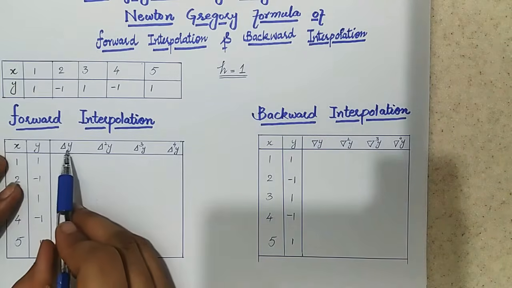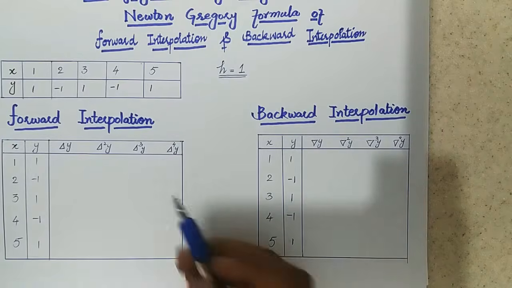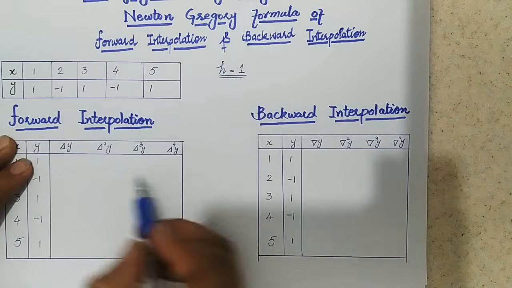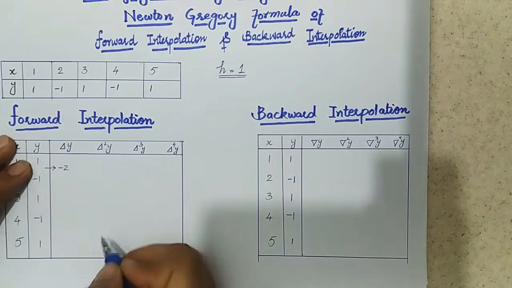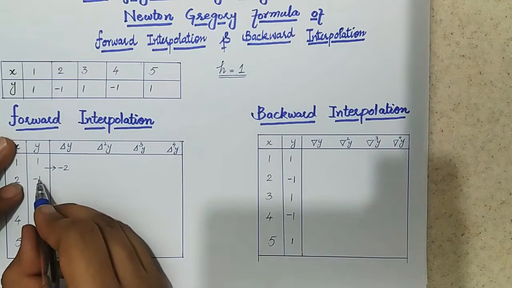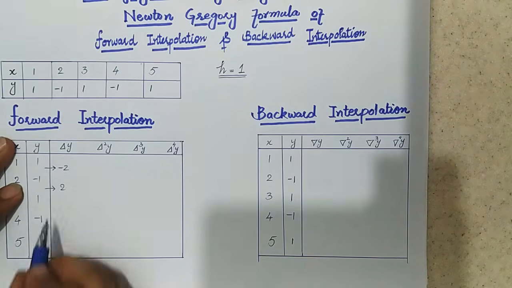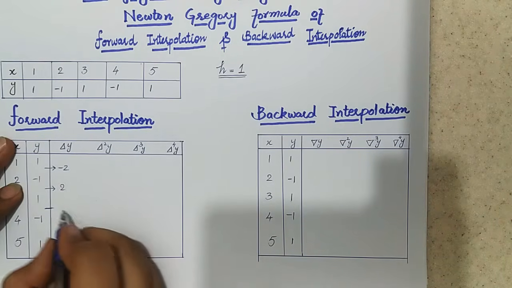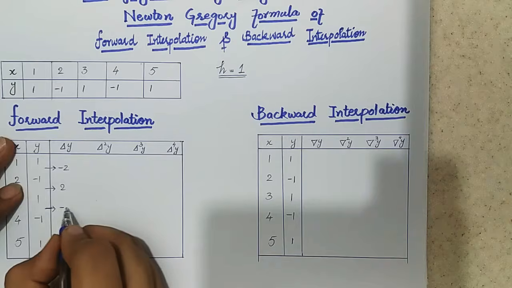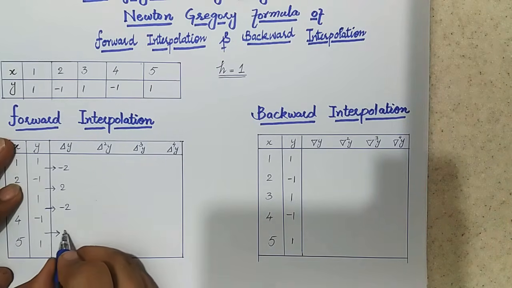To calculate the forward difference or backward difference, the method is the same. Minus 1 minus 1, we get minus 2. 1 minus minus 1, we get plus 2. Minus 1 minus 1, we get minus 2, and here we get plus 2.